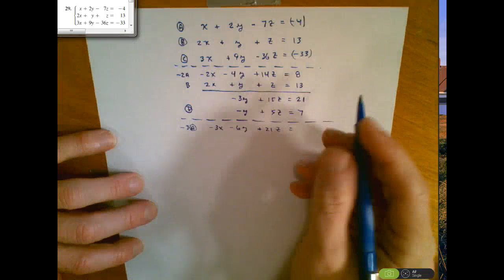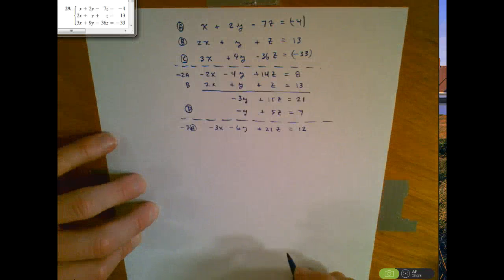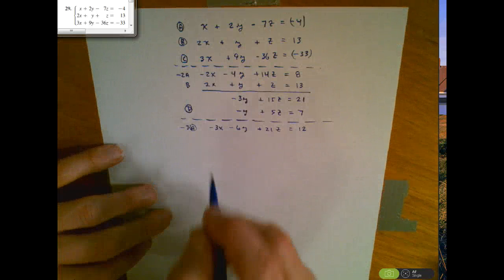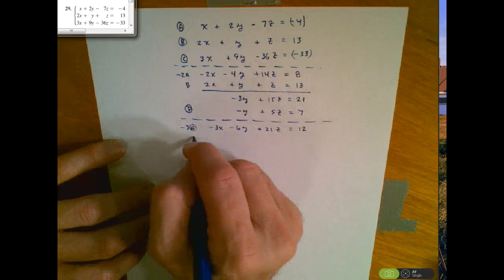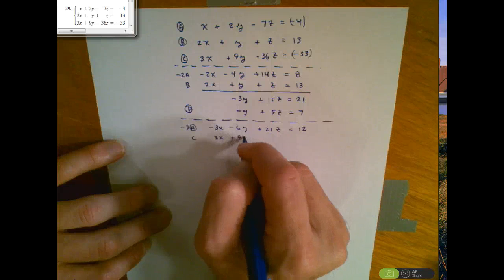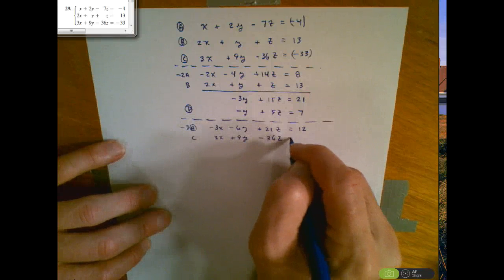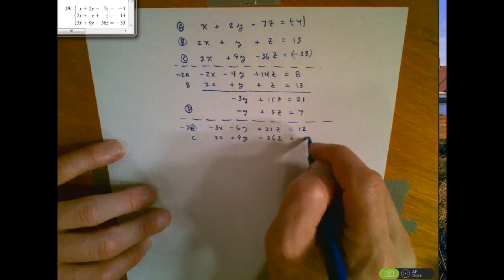And remember, I'm multiplying by -3, so that would be a positive 12 here, -3 times -4. I'm going to bring down equation C now, rewrite it, and then I'm going to combine the equations together and see what happens.